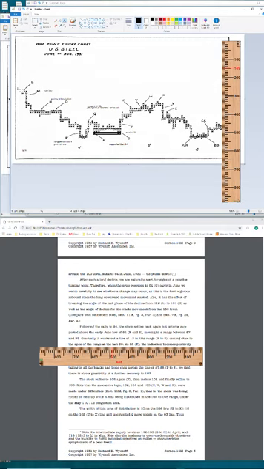So the base, actually, that big base at the bottom is actually occurring after the change of behavior. So it's a big base on the pullback. Big base after the pullback.